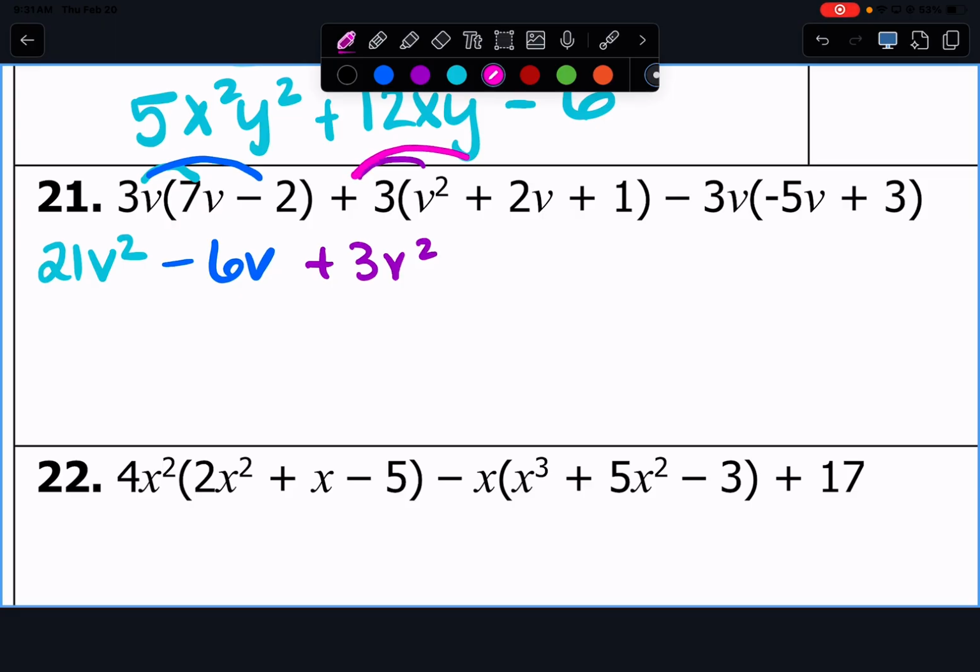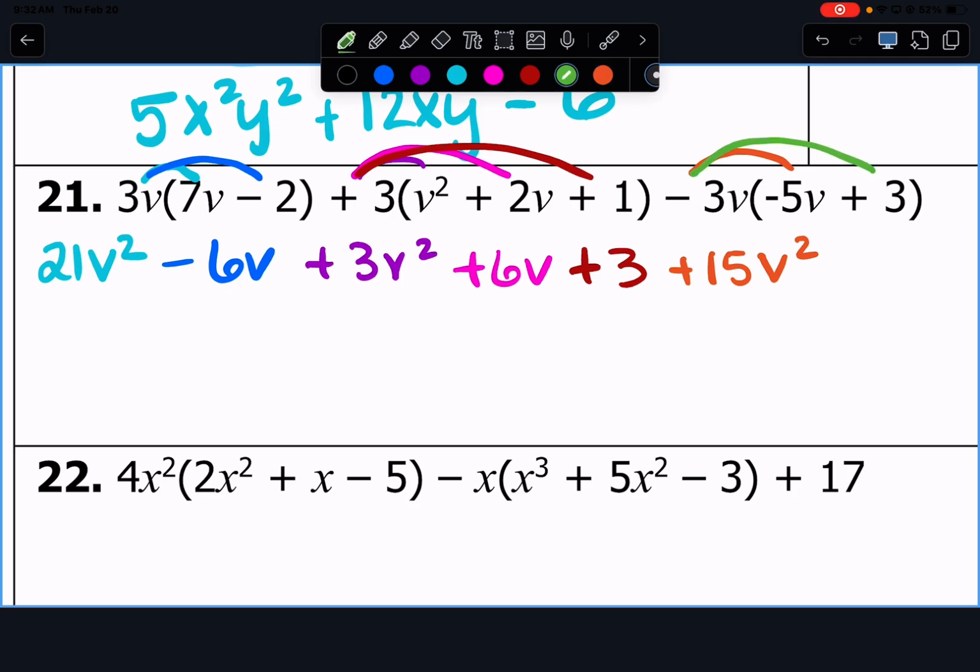Then 3 times 2v is? 3 times 1 is? Negative 3v times negative 5v is positive 15v squared. Negative 3v times 3 is?